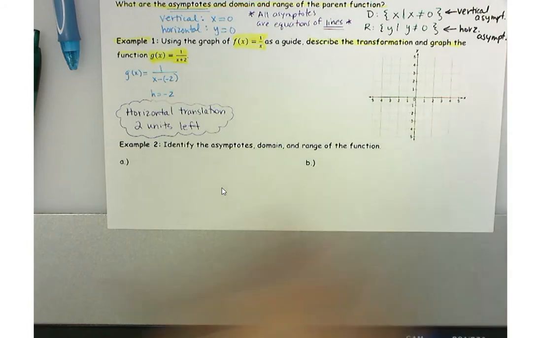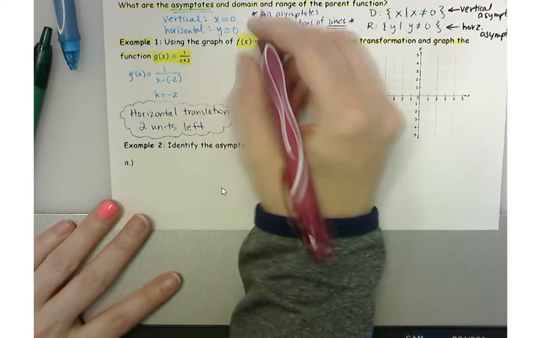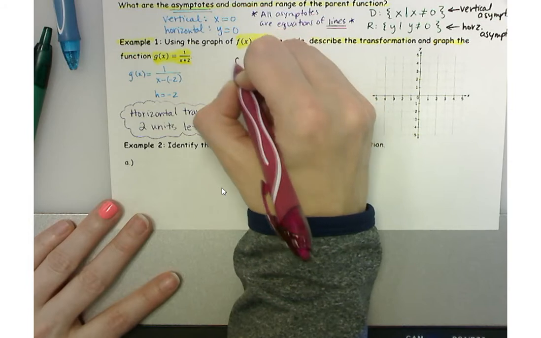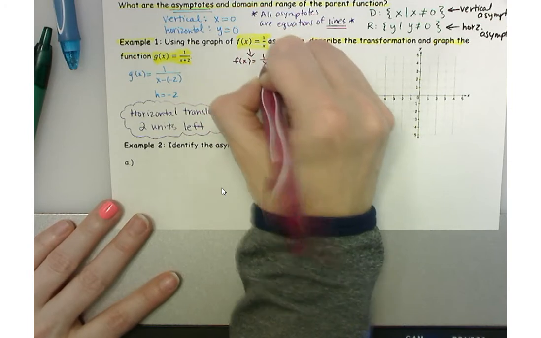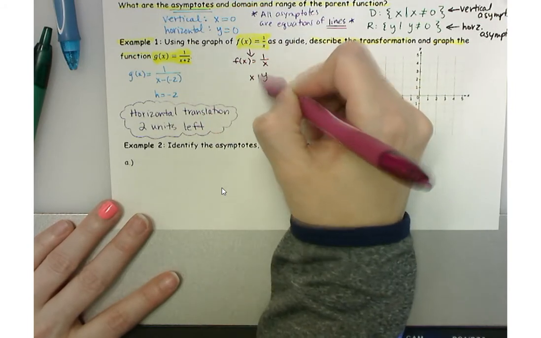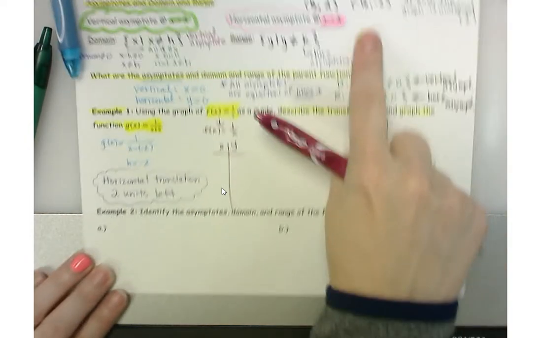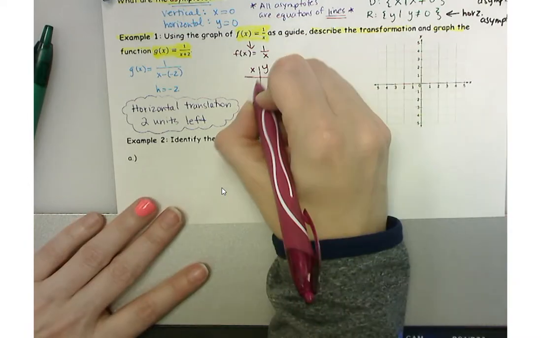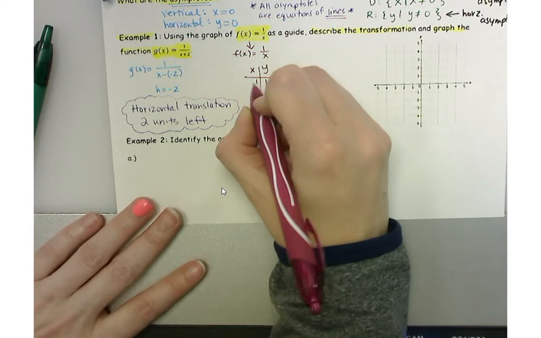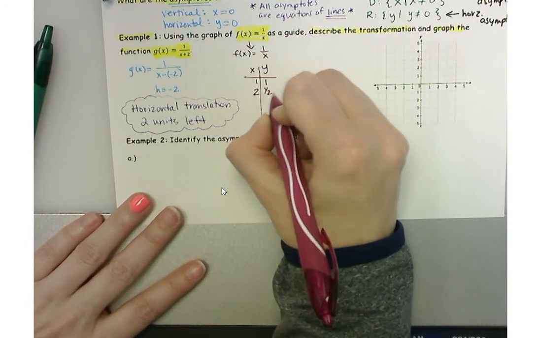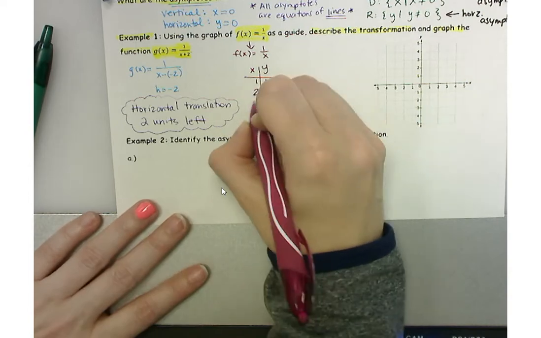So our points were 1, 1, we did 2, 1/2, we did 1/2, 2. Because this graph is going out to 5, I might want to plug in 4. If you plug in 4 for x, what would your output be? 1/4. And then if you plugged in 1/4, your output would be 4.